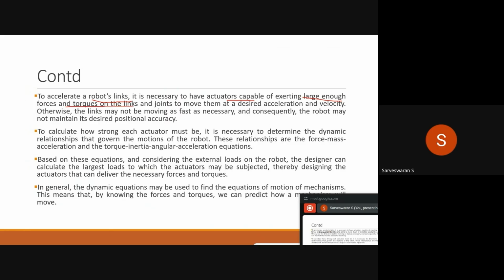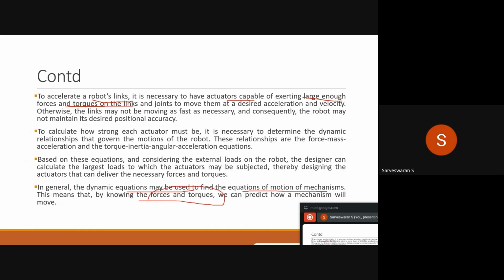So for overcoming the forces and torque generated by the links, you need a suitable actuator. That is where the dynamic equations come into the picture. From the dynamic equations we will find the equation of motion, and from the equation of motion we will calculate the forces and torque.